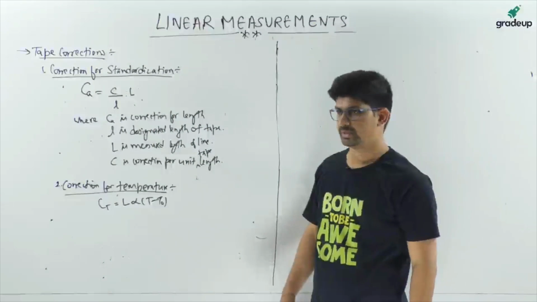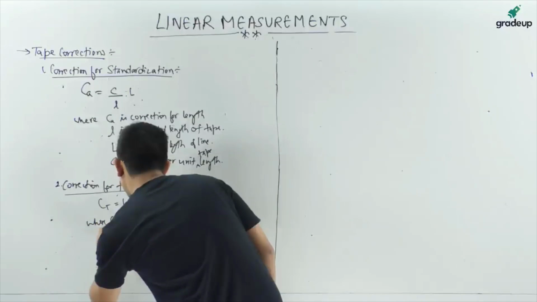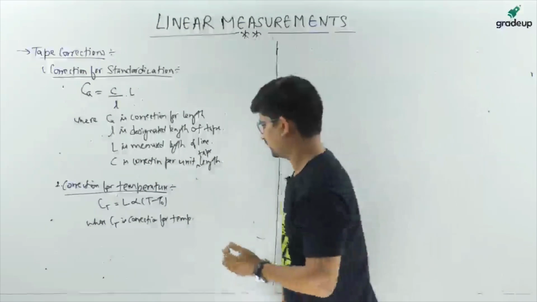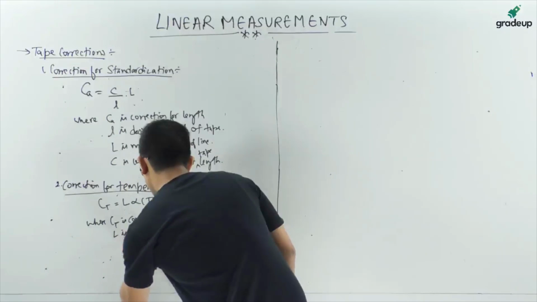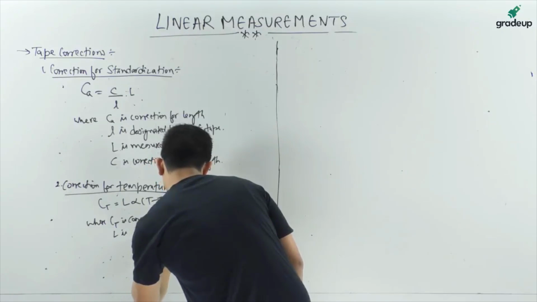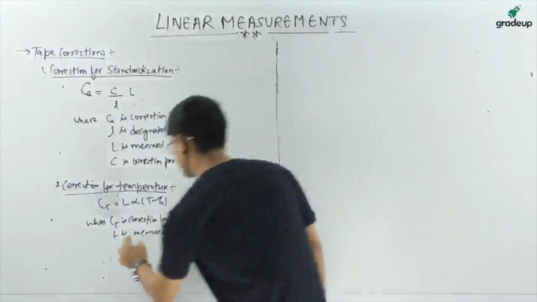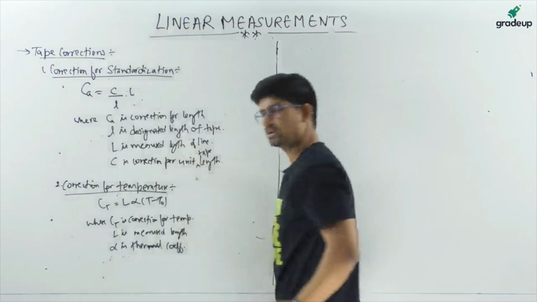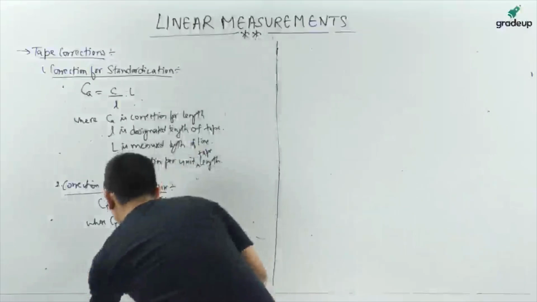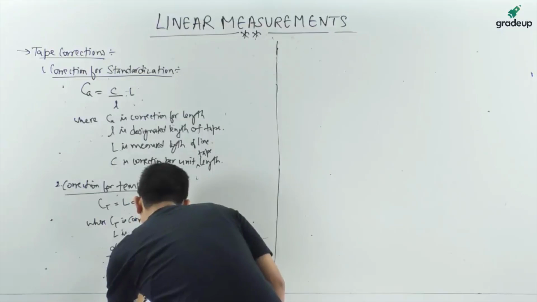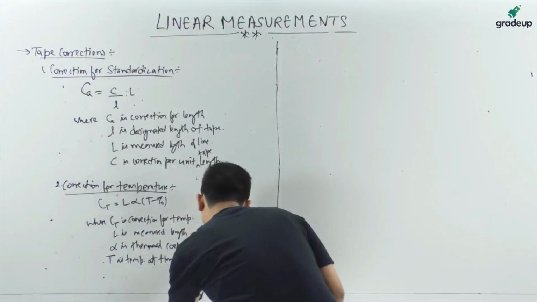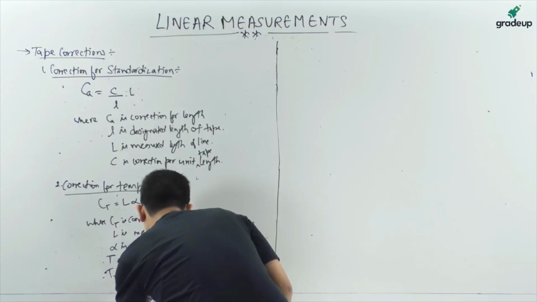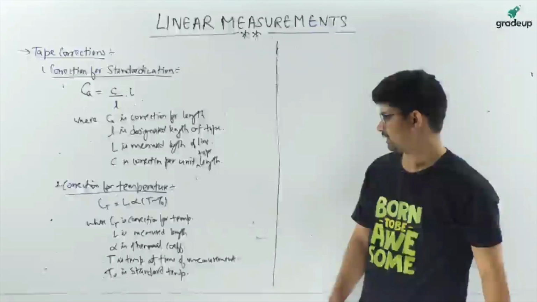Now where Ct is correction for temperature, L is measured length, alpha is thermal coefficient of expansion, T is the temperature at the time of measurement, and T naught is the standard temperature.